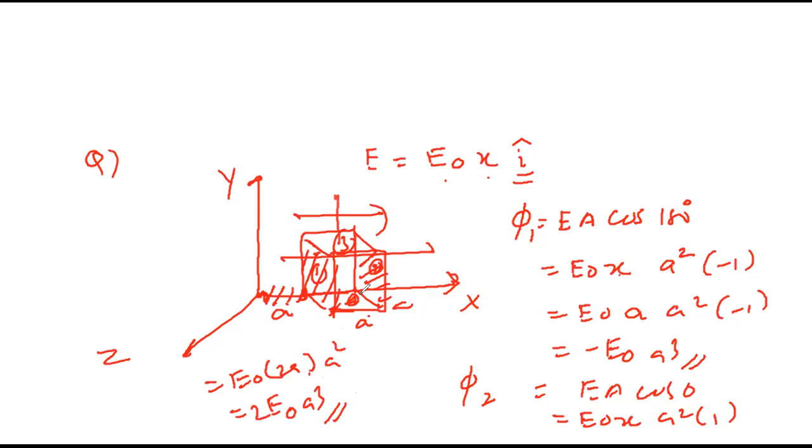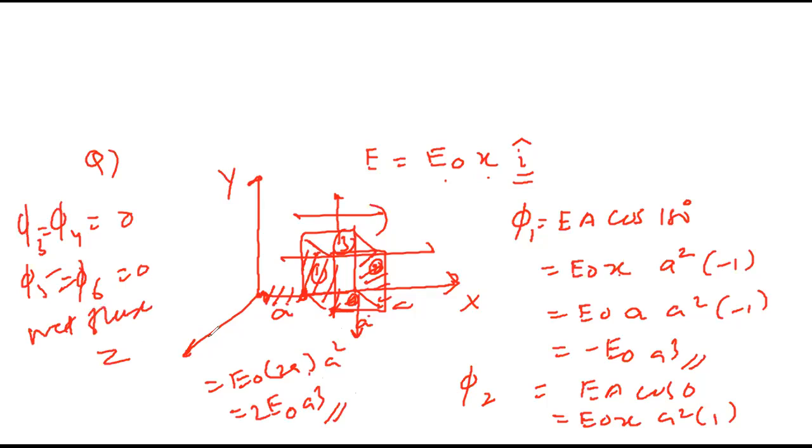Third will be this way, area vector and field are perpendicular, so flux is 0, correct? So flux on fourth and third are both 0. Flux on 5 and 6 is also 0. What will be the net flux this time? Minus E naught A cube plus 2 times E naught A cube. That means E naught A cube, correct?